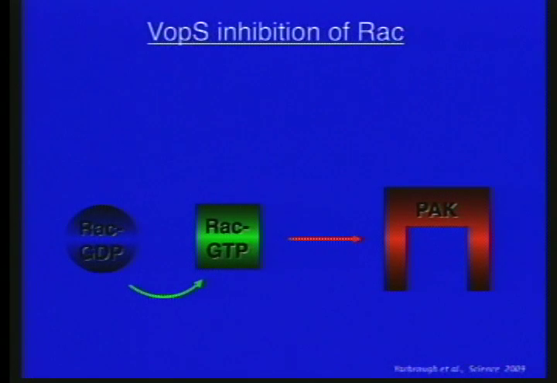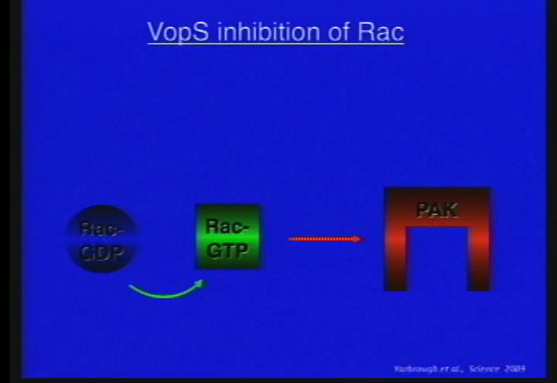So what happens is, in an inactive state, Rac is bound to GDP, and it has a different shape than when a nucleotide is exchanged and it's bound to GTP. And the way that this system works, it's a lock and key. This is how this switch works. So what happens is when Rac becomes active and it's bound to GTP, the key fits into the lock. Okay? And when the key fits into the lock, then you can make all this actin cytoskeleton, and the cells have this nice shape.